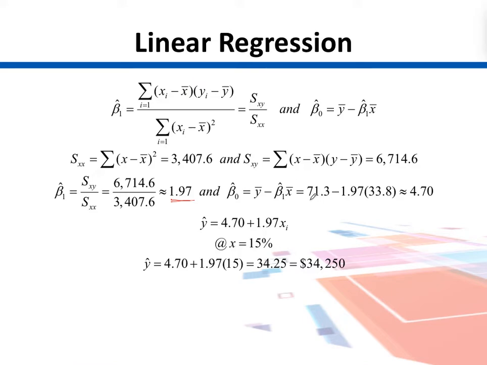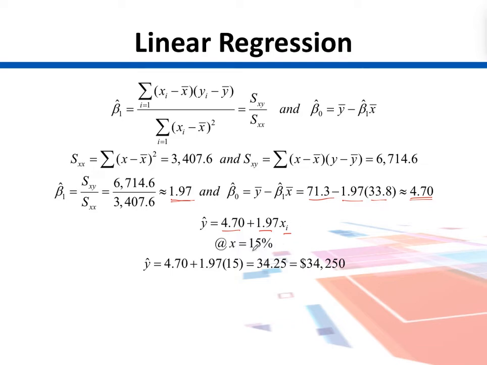So y bar, the mean for y, was 71.3, minus 1.97 times the mean for x, 33.8, and the intercept we get is 4.70. We put it into the equation. So y hat is equal to 4.70 plus 1.97 times xi. That is the equation for prediction, and we can calculate y at any value of x.